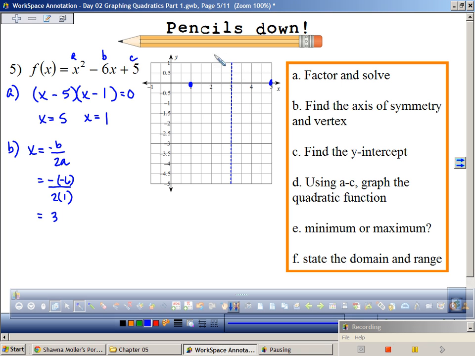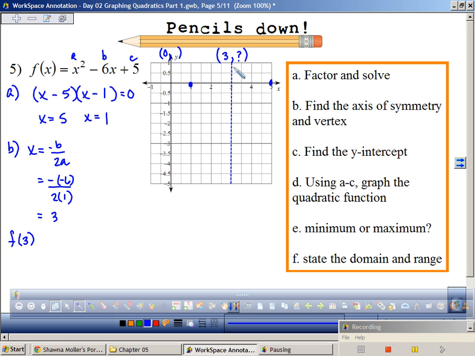Now I need to find my vertex somewhere on that line. So I already know that x is 3. I need to find what y is. That's the same thing as when I'm finding the y-intercept. When I'm finding the y-intercept, isn't x 0? See that? So this time I'm going to plug in 3, the function of 3.